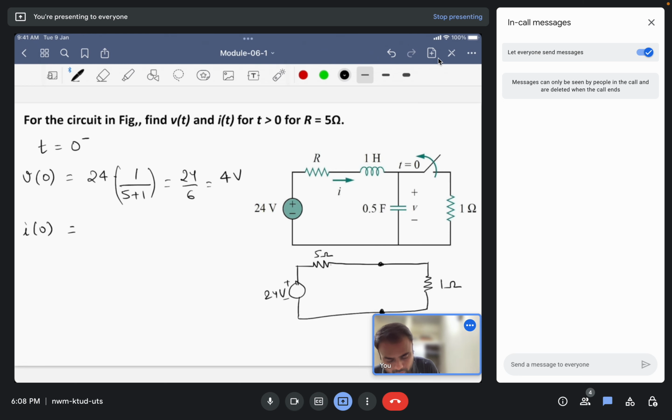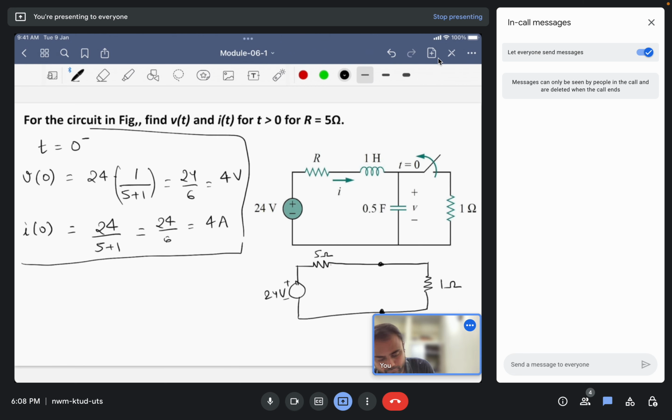So this will be V upon 5 plus 1, that is 24 by 6, that is 4 ampere. So a 4 ampere current is being drawn. These two are our initial conditions, that is, at t equals 0 minus we have found the initial conditions.